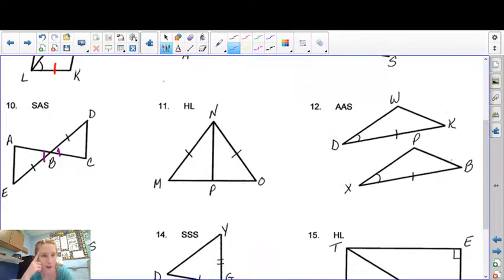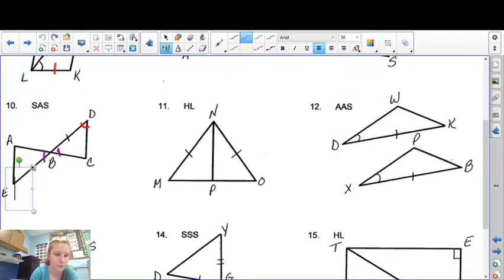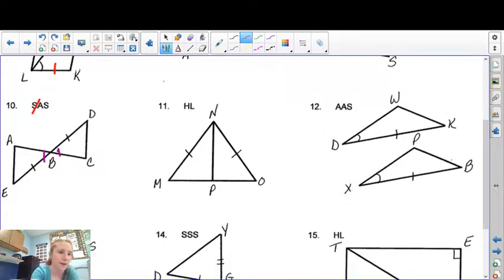I have the side, I need the other angle, so therefore I have to have D. I have to have E. Just kidding, I can't read letters today. I have a side, I have an angle, I need the other side. So I need this side and I need this side. So I need AB is congruent to CB.